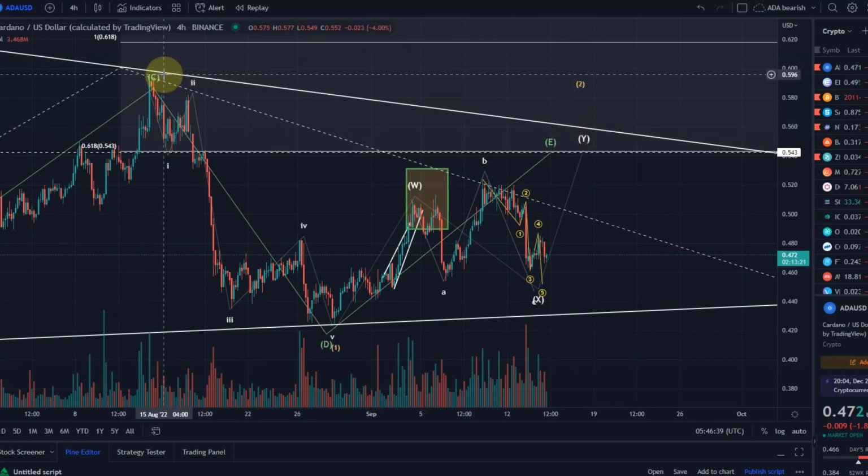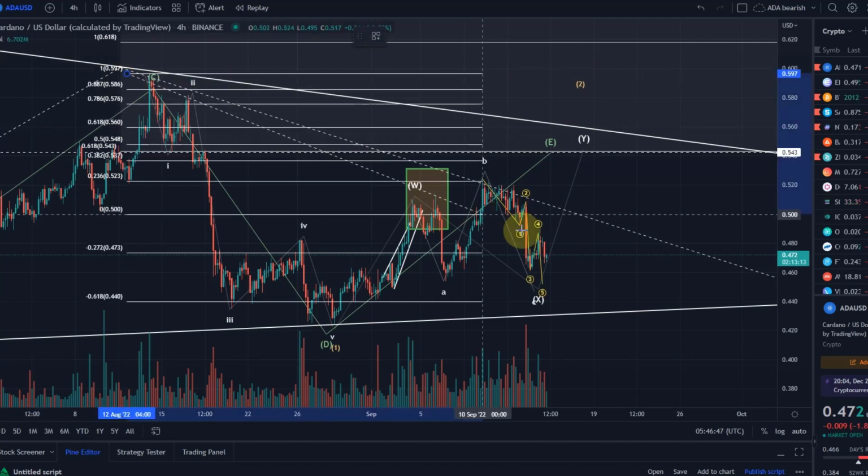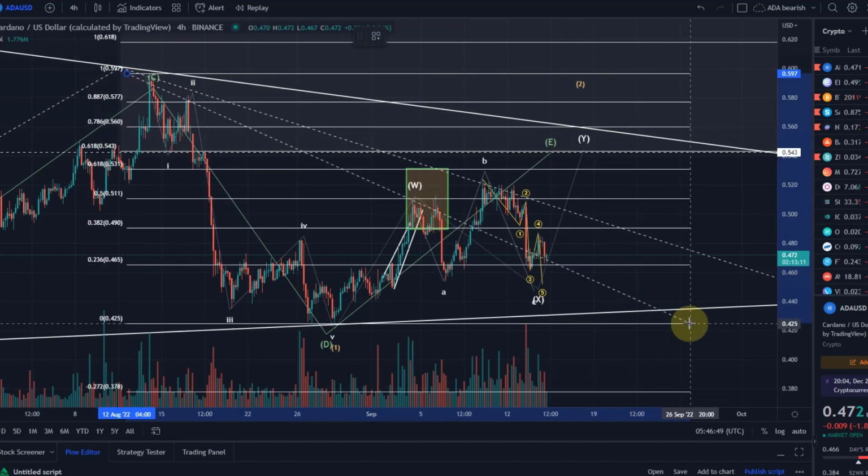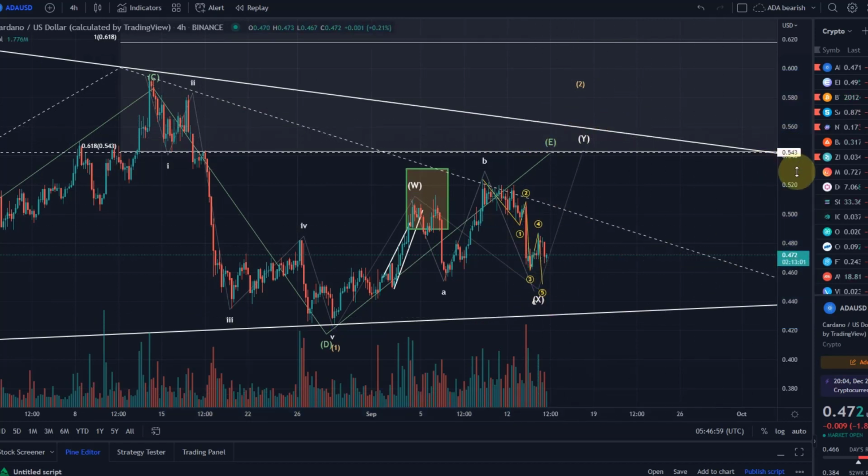That is around 59.5 cents, so there's quite a lot of space still for the wave E to go higher if it has to. And the wave 2 should normally not go above the 78.6 Fib level, that's at 56 cents. So we still have space to go higher. But the 54.3 cent level is an important resistance point.